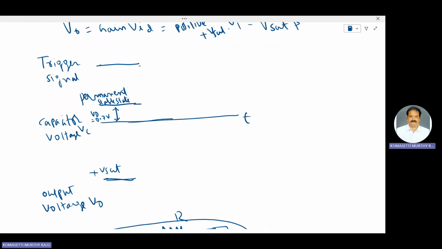First of all, a negative going trigger pulse is applied here, with pulse duration Tp.